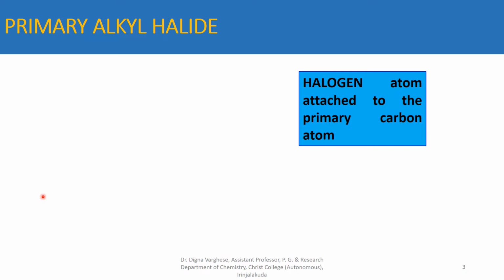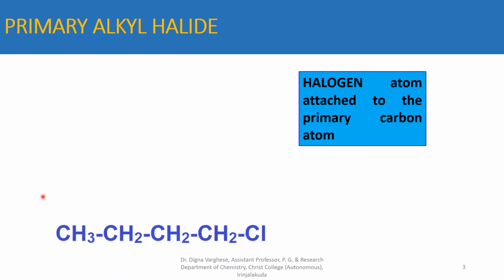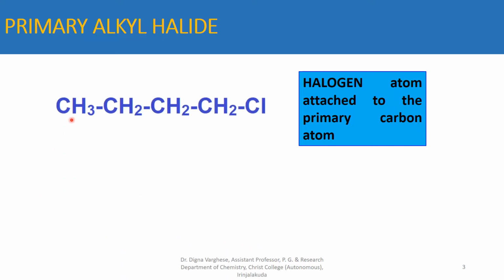Illustrations of the primary alkyl halides are given here. Here you can see CH3CH2CH2CH2Cl. The halogen atom is attached to the primary carbon atom, so it is the primary alkyl halide.